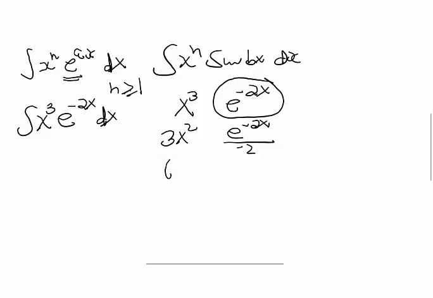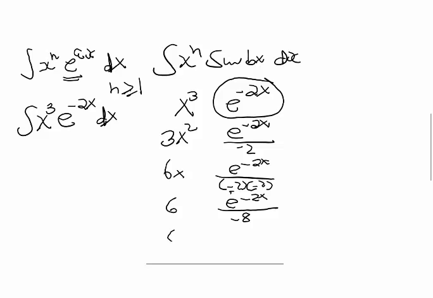And then the next portion will become 6x, and again repeating the same procedure on e to the negative 2x, we get e to the negative 2x, and then negative 2, another factor will come downstairs, then integrate it again, so you get a 6, and here you get e to the negative 2x again, and this time what we will have is negative 2 times negative 2 and another negative 2 coming in, so that will be negative 8.